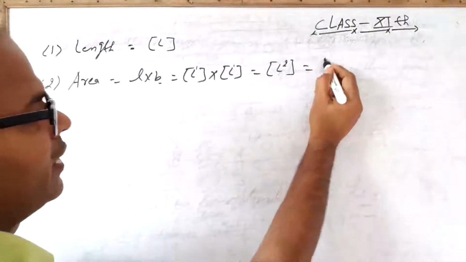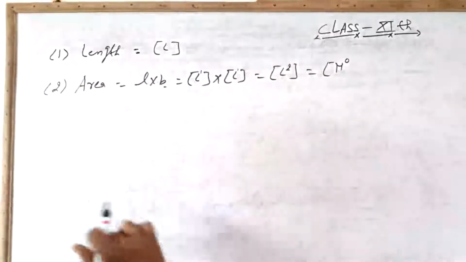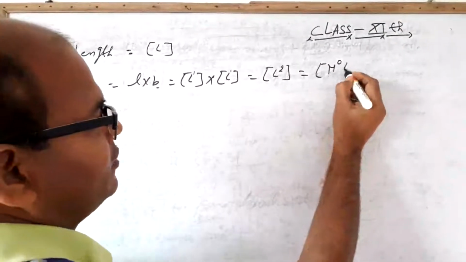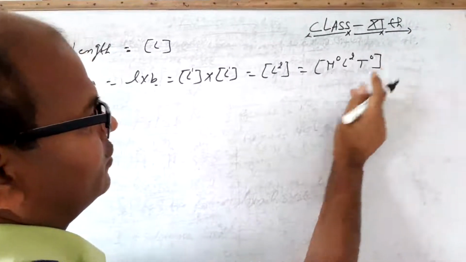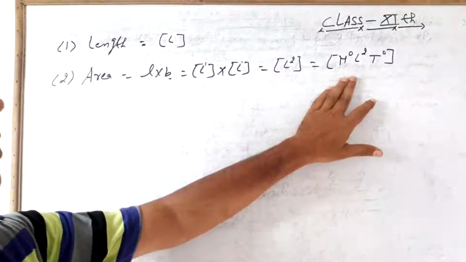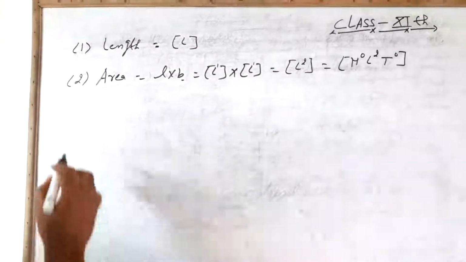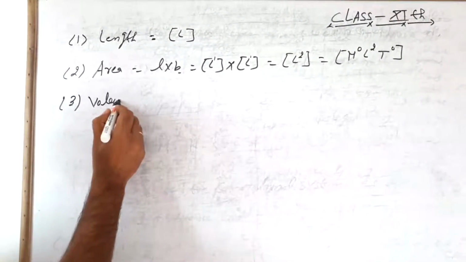And it is M to power 0, because here mass is not present, and L is L to power 2, and time is not present, so its power is 0. You can write it in this form or that form, both are the same. And third, volume. What is the dimension of volume?